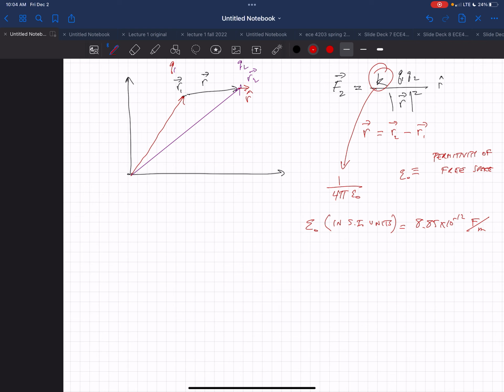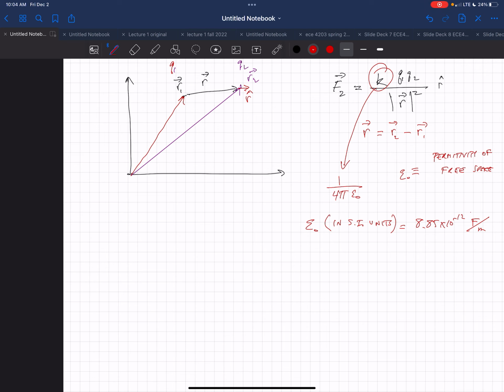If these two charges were in something else other than free space, let's say water or someplace else, then the force would get less than in vacuum.